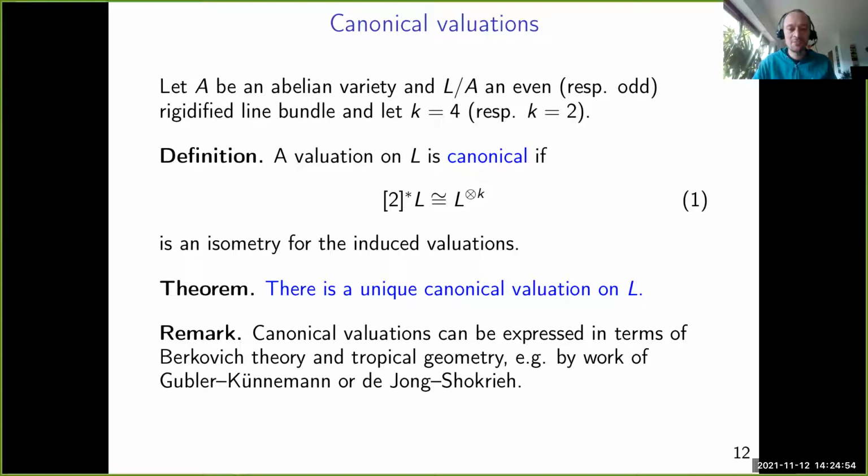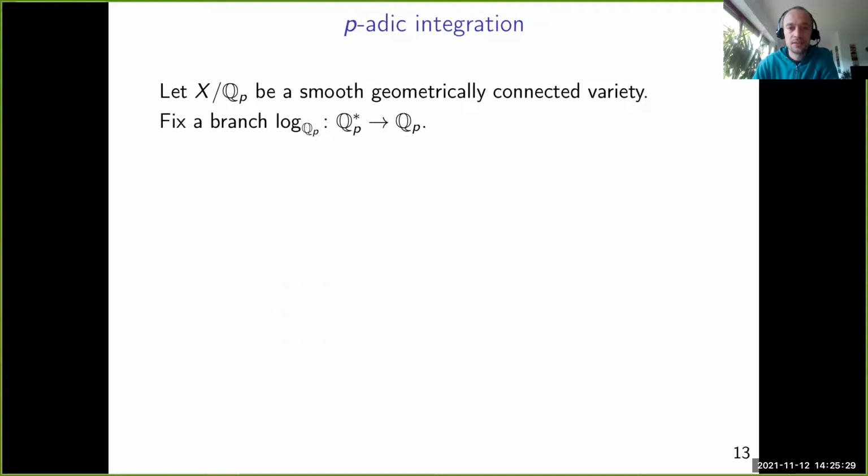As a side remark, for the people in the audience who care more about Berkovich theory or tropical geometry, which should be a large part of the audience given the theme of the workshop, these canonical valuations can be interpreted in this way. There are examples in papers by Gubler and Künnemann and by Zhang and Chambert-Loir. From what I understand, these expressions should be more or less equivalent to each other.